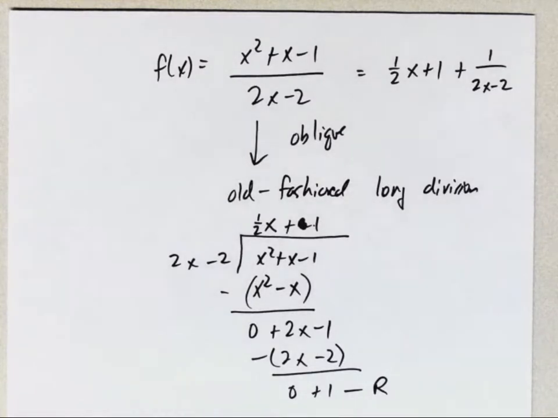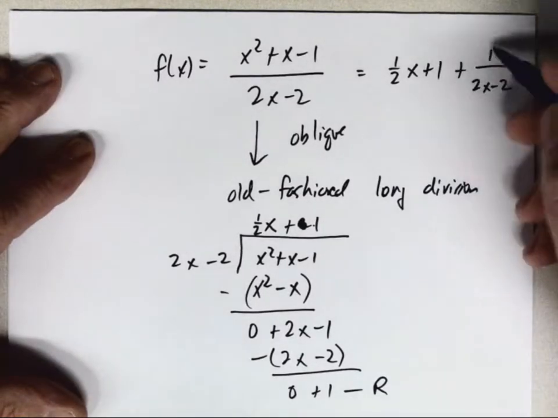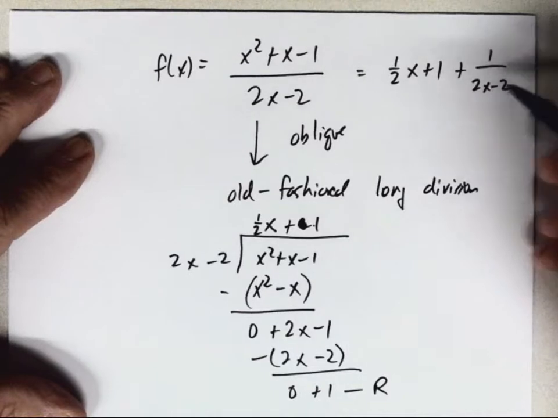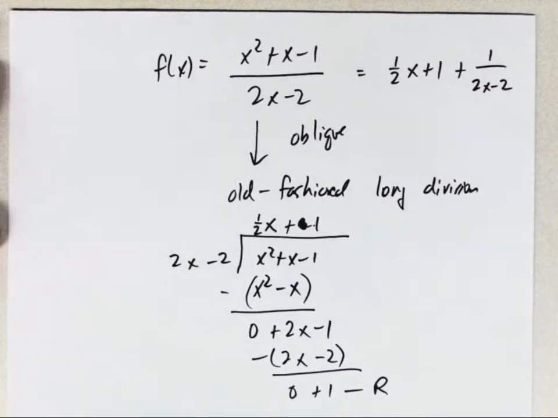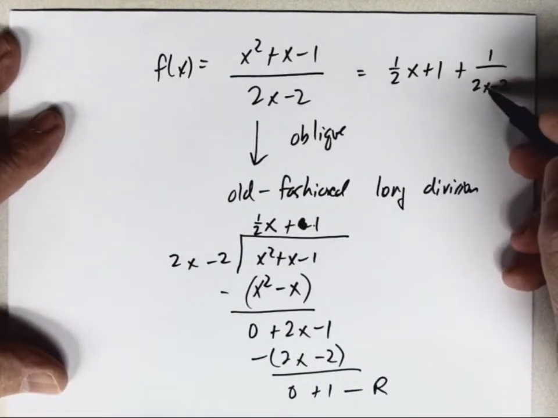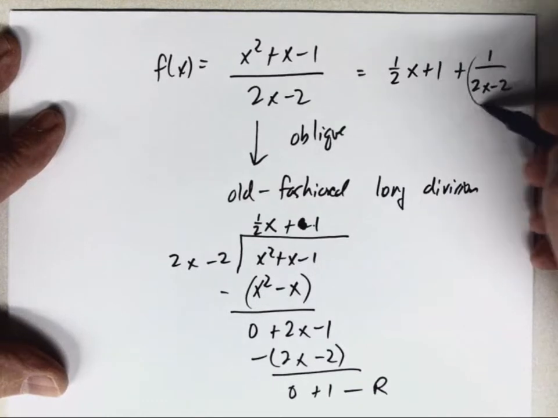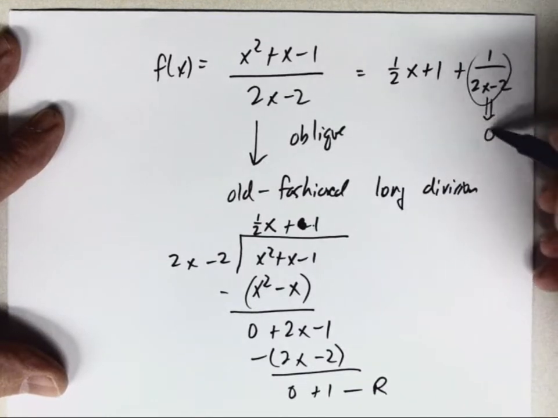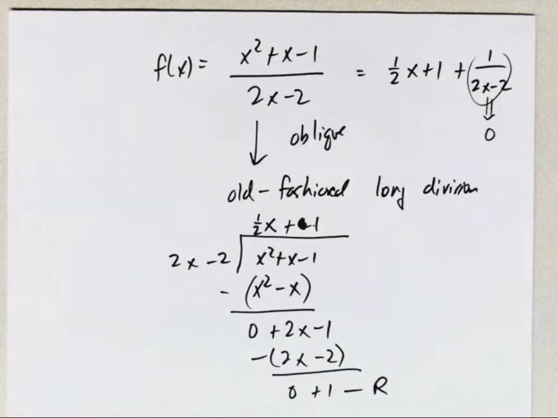Now, once again, end behavior is what goes on when x becomes a really large number. This last term, since I have an x in the bottom, when x gets really huge, this whole thing basically approaches 0.